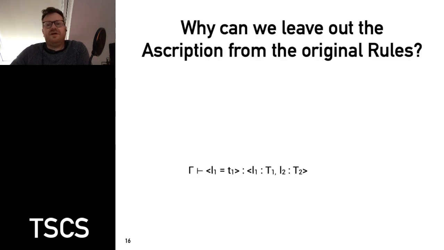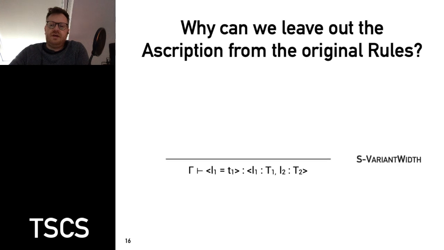Why can we leave out the description from the original rules? So this is an interesting thing. Let's say we have a well-typed variant expression like this, and it is typed as this L1 T1 L2 T2 variant type. Then we can use the width rule and come up to this more precise type.